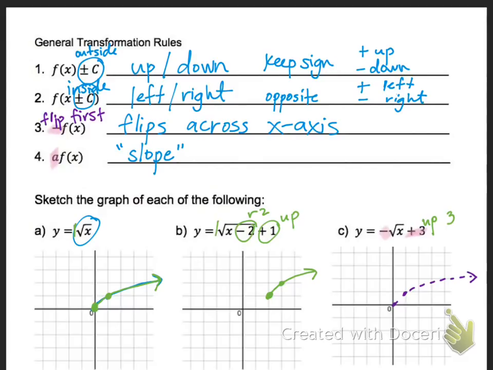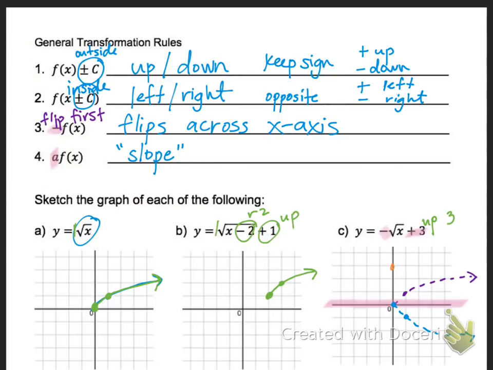If I were to just flip the x-axis, so here's my x-axis. If I were to just flip it, here is what my new function would look like. Whoa, that did not mean to happen. So you can kind of notice that it's now a mirror image across the x-axis. From here, I'm now going to go up 3.